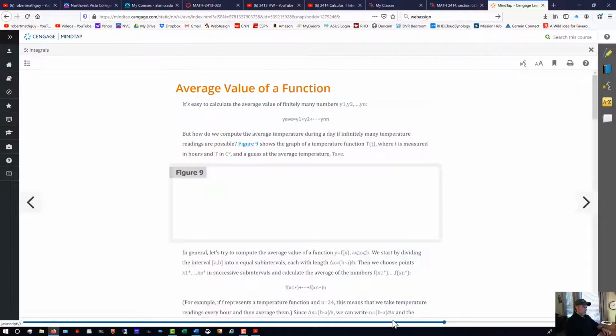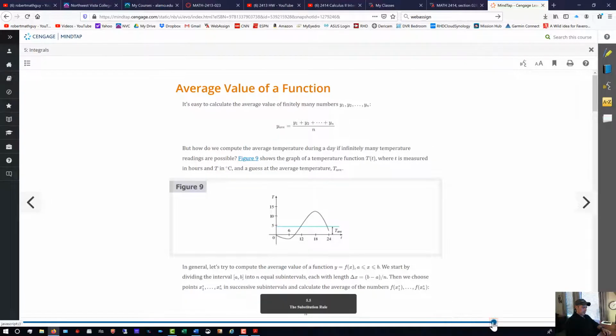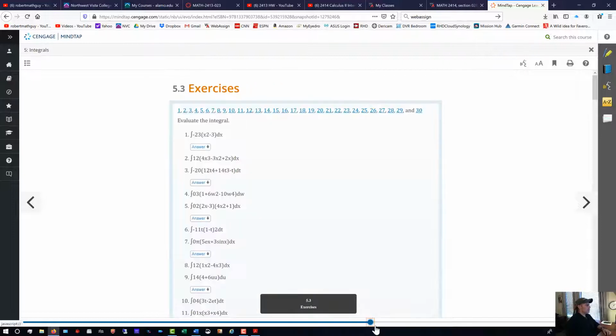Oh, here we go. I thought I saw it. There we go, exercises. I accidentally jumped to 5.3, but here are the exercises. So here's where you can jump from problem to problem.